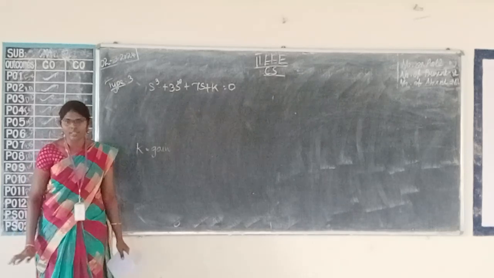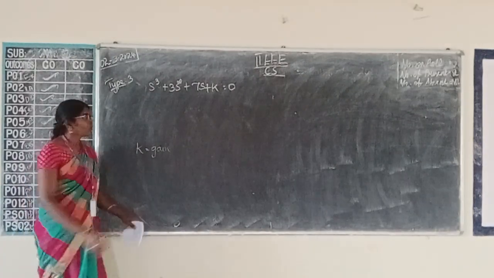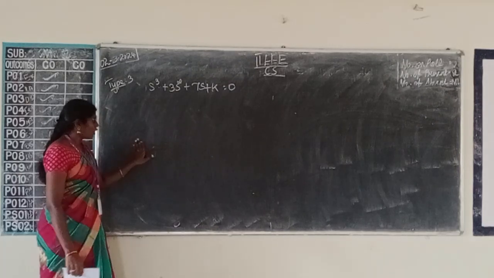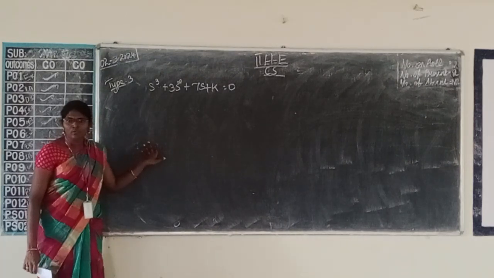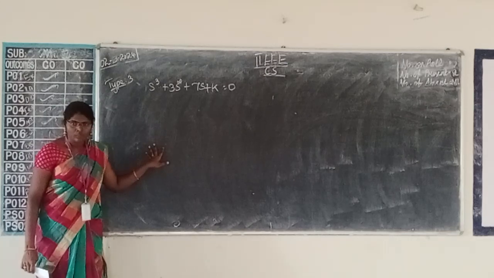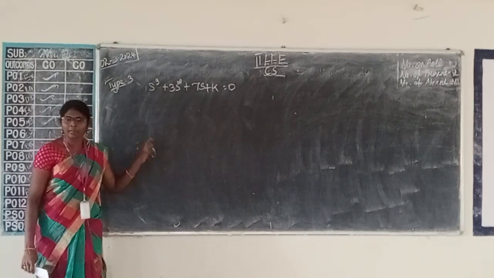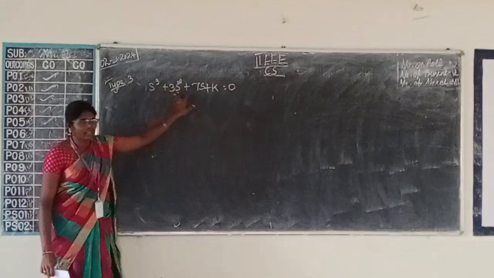How will you calculate the stability then? If the gain is not known, wherever the gain applies we mark it as K. Applying the closed loop transfer function gives again a characteristic equation like this.